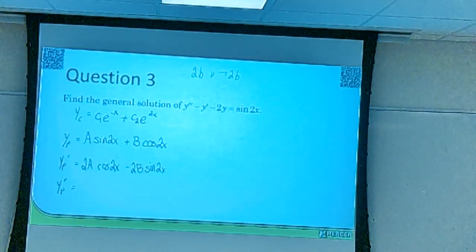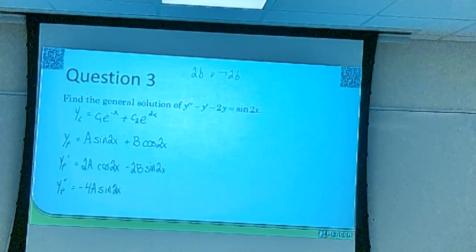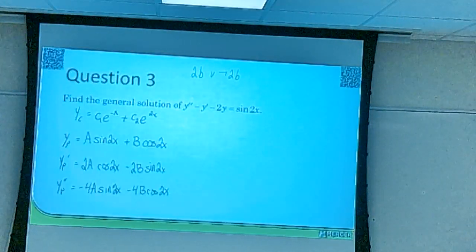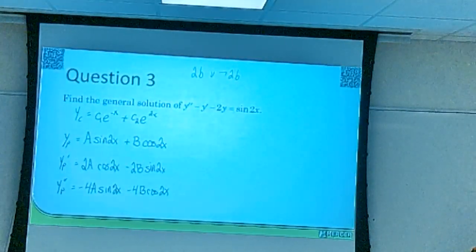What's y double prime? Minus 4a sine of 2x. Minus 4b cosine of 2x. And just as before, now we plug those into the equation to find A and B. I'm going to put parentheses.